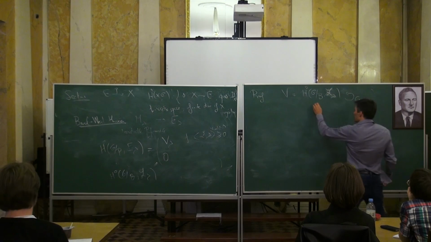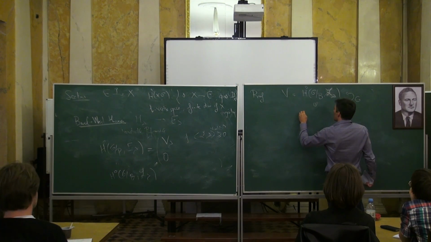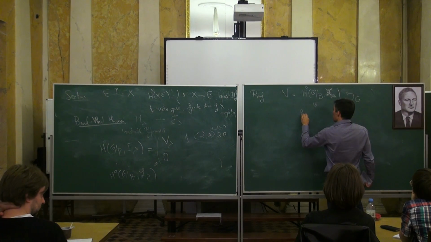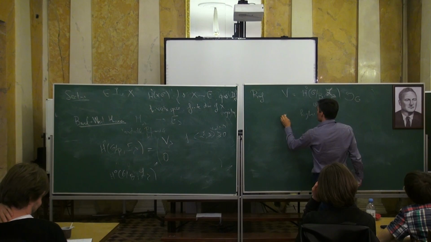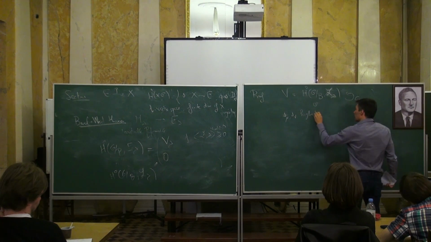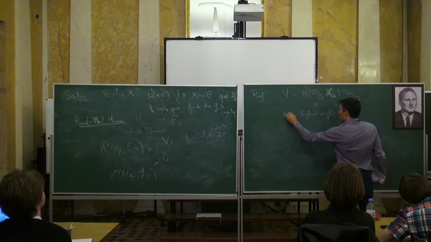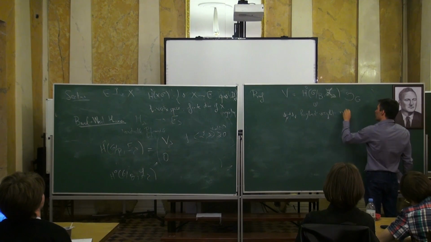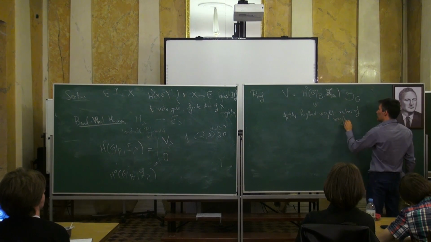So let's suppose there are two highest weight vectors, maybe S mu and S nu, highest weight vectors of weight mu and nu.